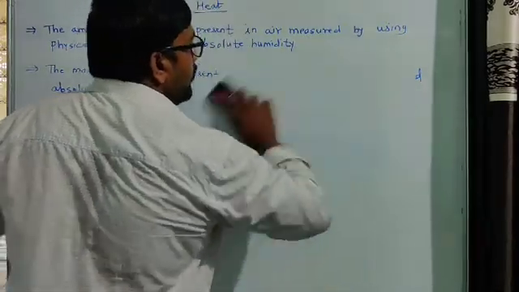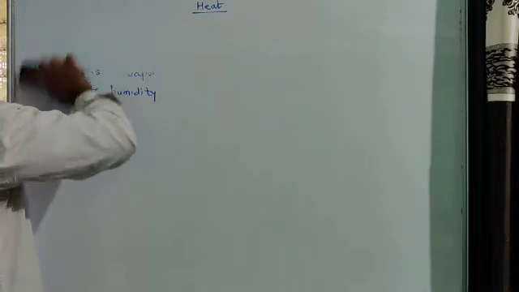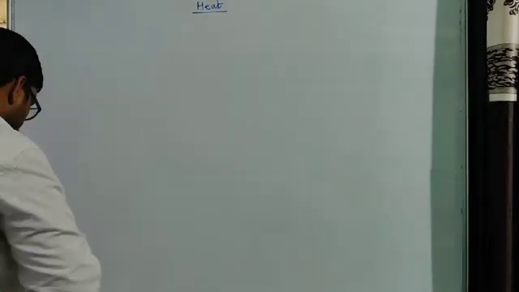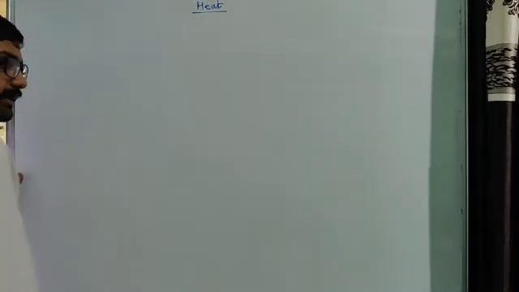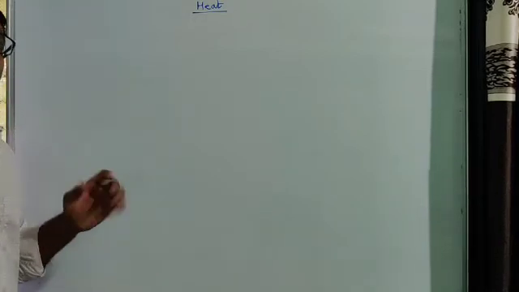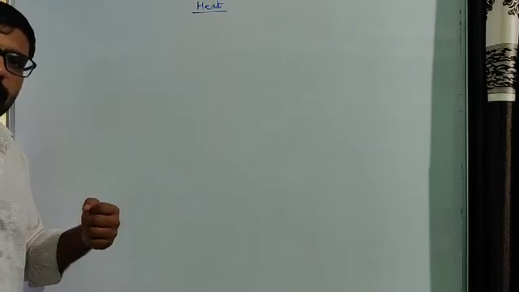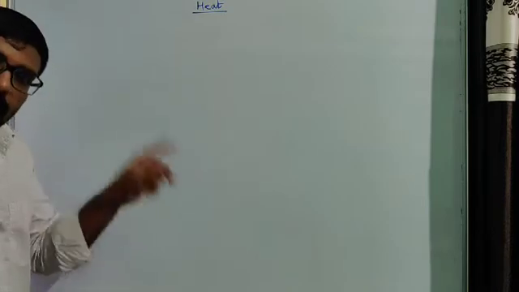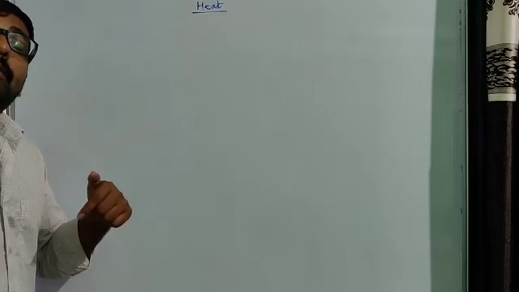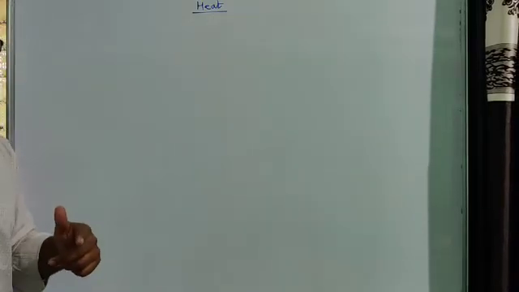Now we have to see how this concept of percent relative humidity is used to determine our climate. We know percent relative humidity is a ratio of what? The amount of water vapor present in a given volume of air divided by the amount of water vapor needed to saturate that given air, into 100.